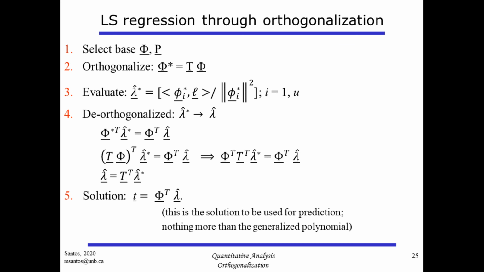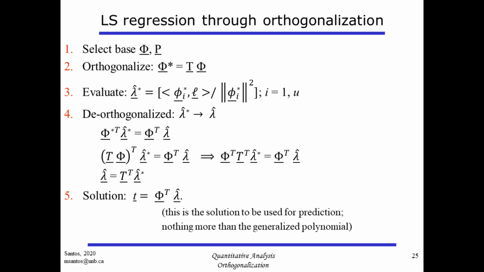After that is done, we will de-orthogonalize the estimated orthogonalized coefficients, and we can show here the development. The final equation that we are going to use is that the orthogonalized coefficients lambda hat star will be multiplied by the transpose of matrix T, and that will result in the estimated coefficients in the original space. That will give us then the final solution.